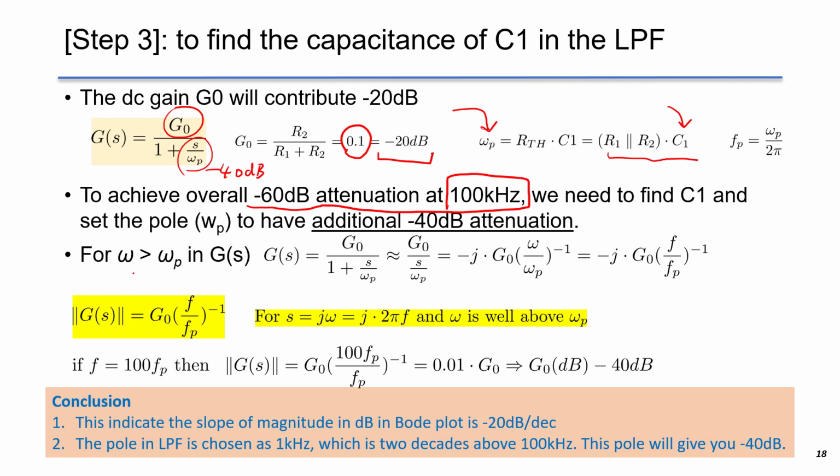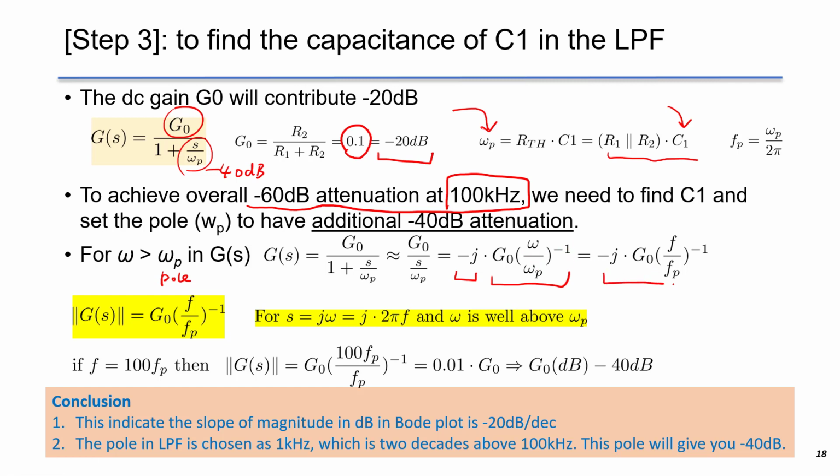When the frequency omega is higher than omega p, which is the pole location, the transfer function can be simplified as G0 over s over omega p. By some algebra, we know that it equals minus j times G0 times omega over omega p to the power of minus 1.